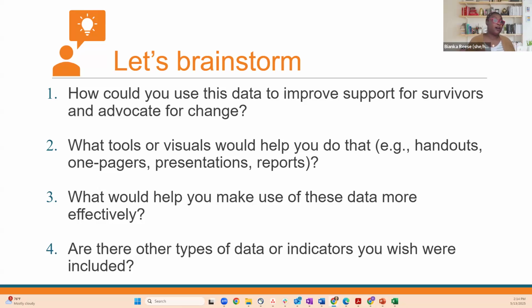Infographics are usually one to two pages that show the cause that you're working towards, information that supports that cause, and a call to action at the end, what to do about it. It tells the results of your programming. Any other tools or visuals that you all would possibly use this information in?